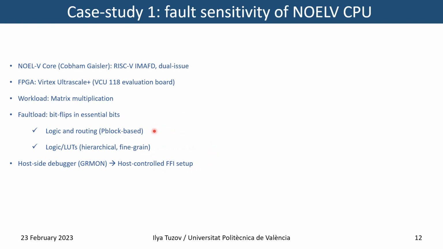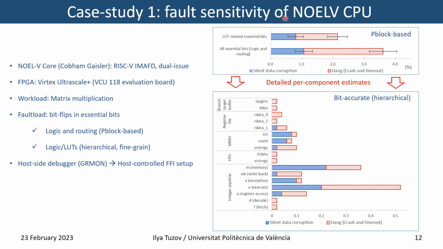We inject single-bit upsets in essential bits. First, following a common p-block approach, we target lookup tables and then the entire set of essential bits, including routing. So we can see aggregated estimates for the CPU core as a whole, roughly 1% of silent data corruption and 2 to 3% of hangs, including crashes and timeouts.